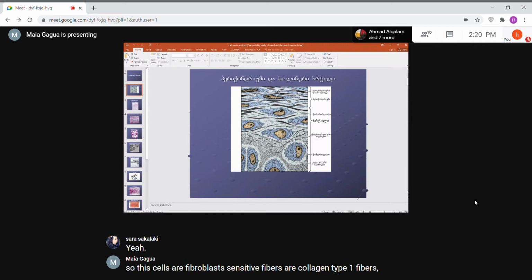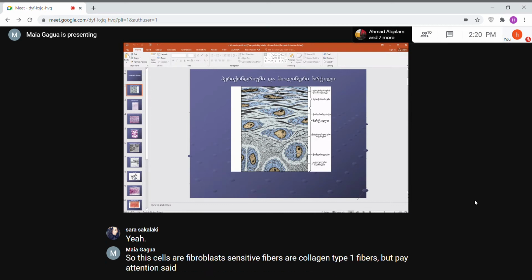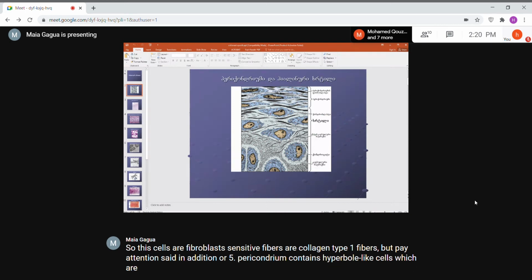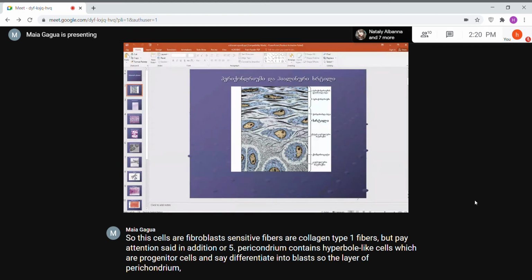But pay attention that in addition to fibroblasts, perichondrium contains fibroblast-like cells, which are progenitor cells, and they differentiate into chondroblasts. So the layer of perichondrium which is adjacent to cartilage contains fibroblast-like cells.